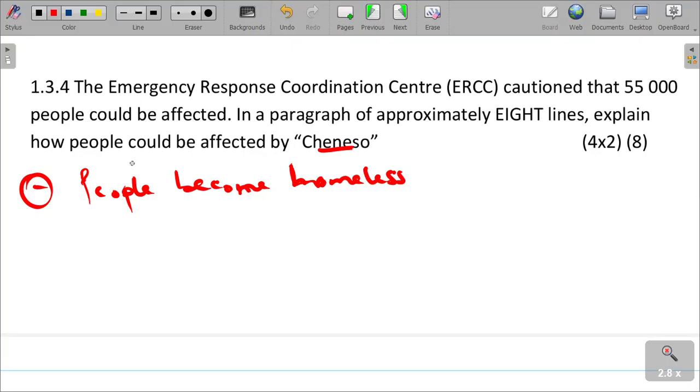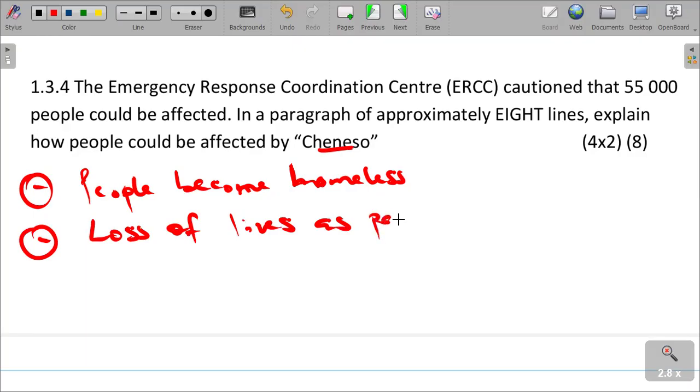And then there is loss of lives as people die because of this. People die as a result of these strong winds and rainfall.